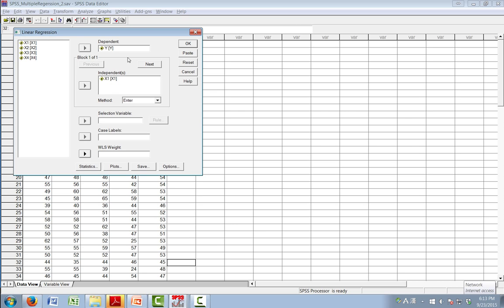We still have y as the dependent variable. And the next step is we take the first independent variable, for example, click both of them like this, send them in here, and then we will evaluate x1 and x2 as independent variables and y as the dependent variable as it is.